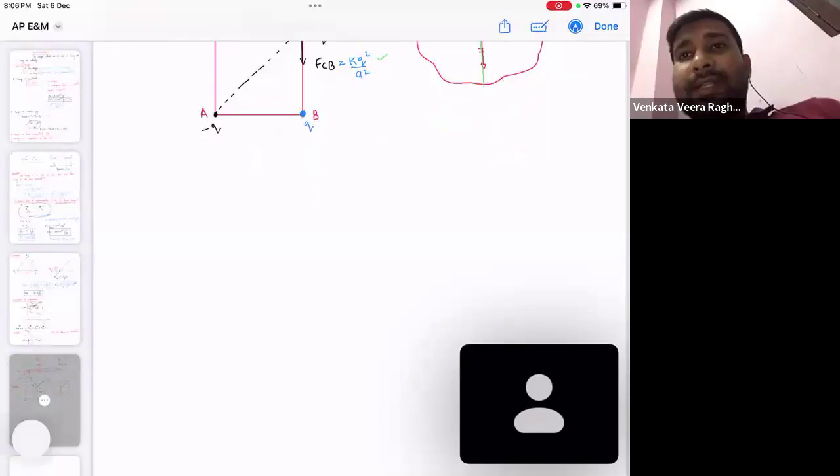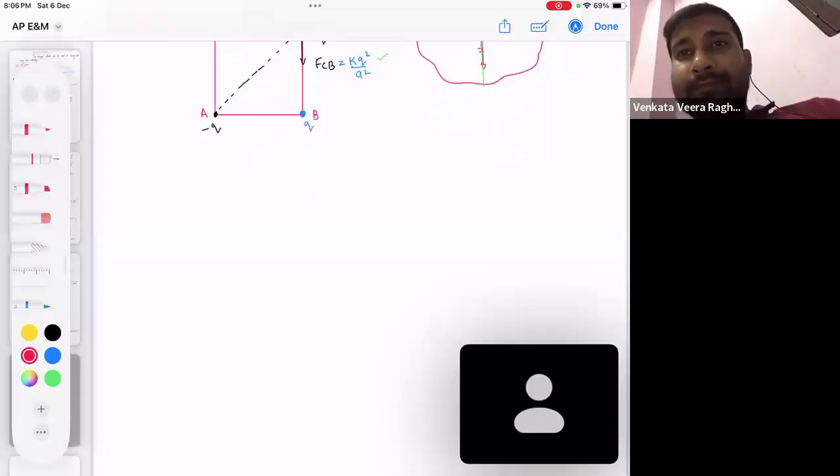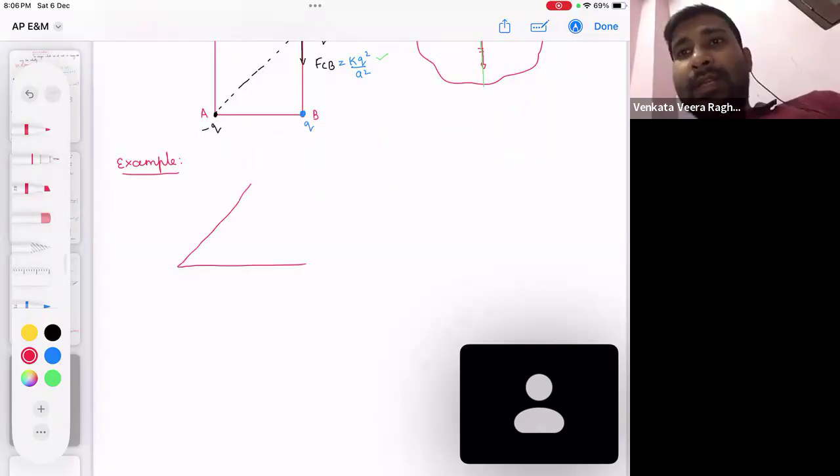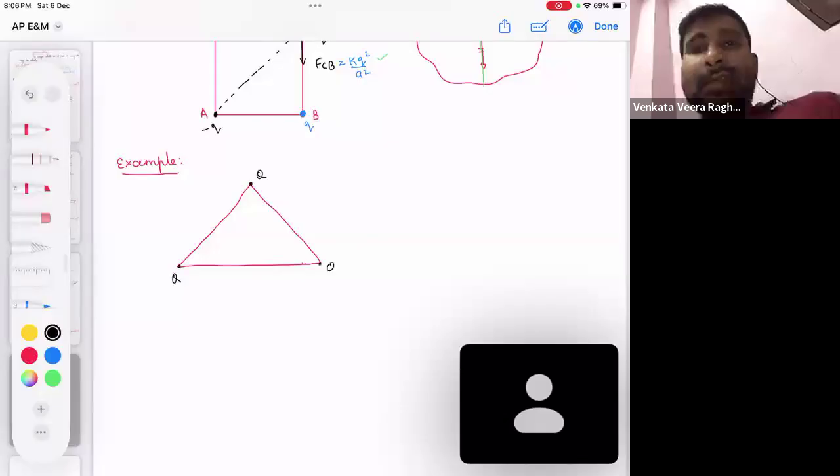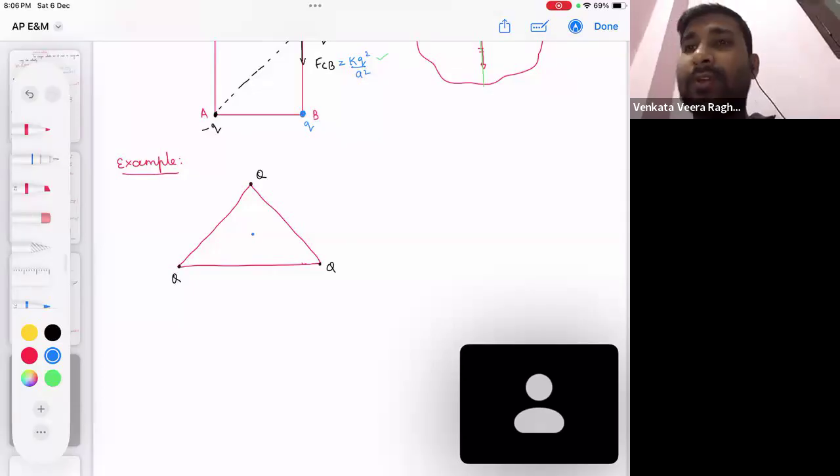In this example, what is given to us? In the question, it is given that at the corners of an equilateral triangle, 3 point charges Q, Q, and Q are kept.